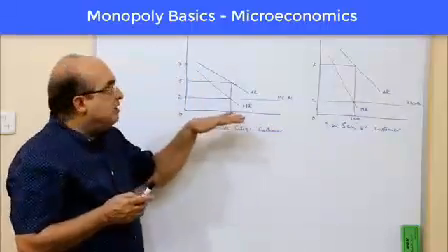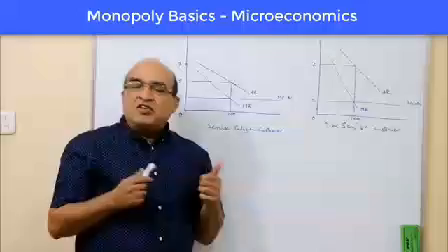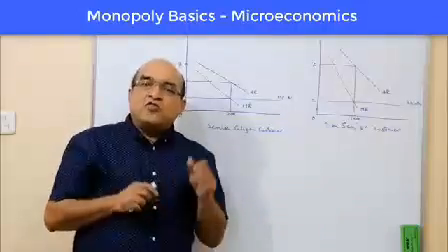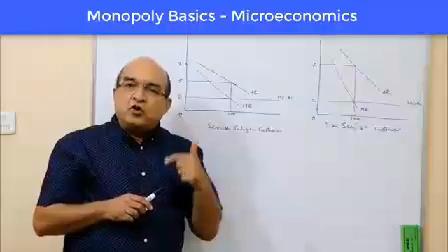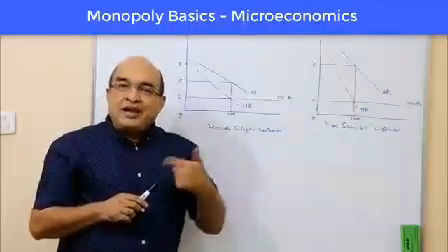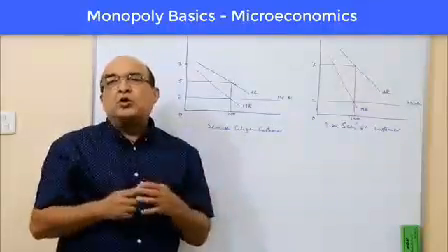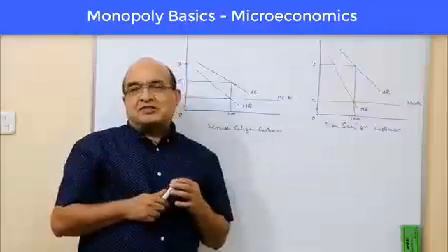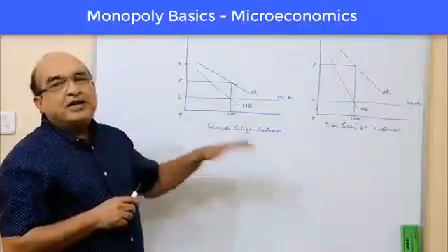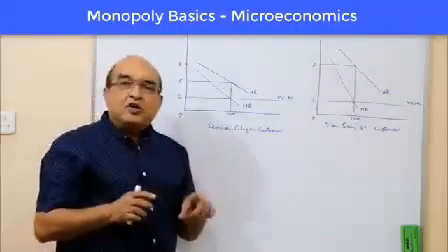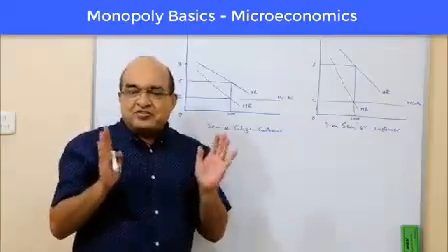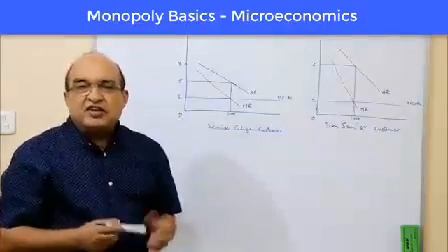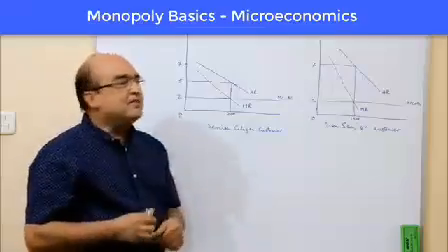So under this discriminatory monopoly, we will discuss what conditions should be satisfied for the monopolist to be able to discriminate between the 2 sets of customers, and what will be its impact. Because the same good in quality is sold to different sets of customers at different prices.